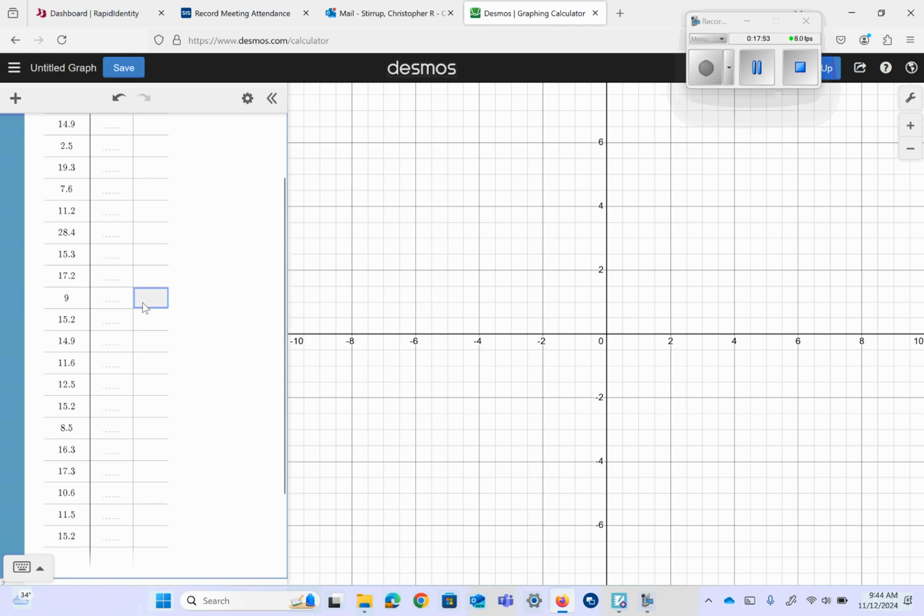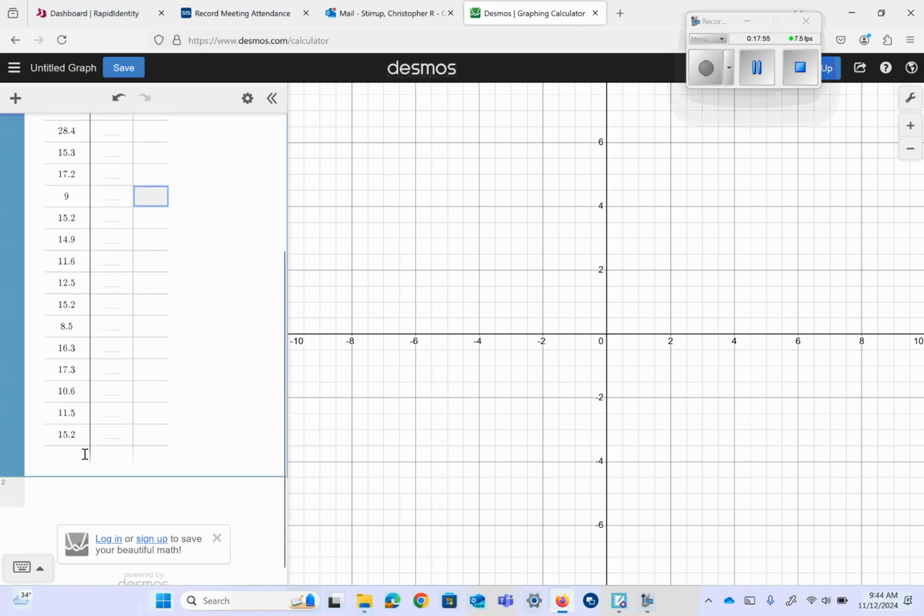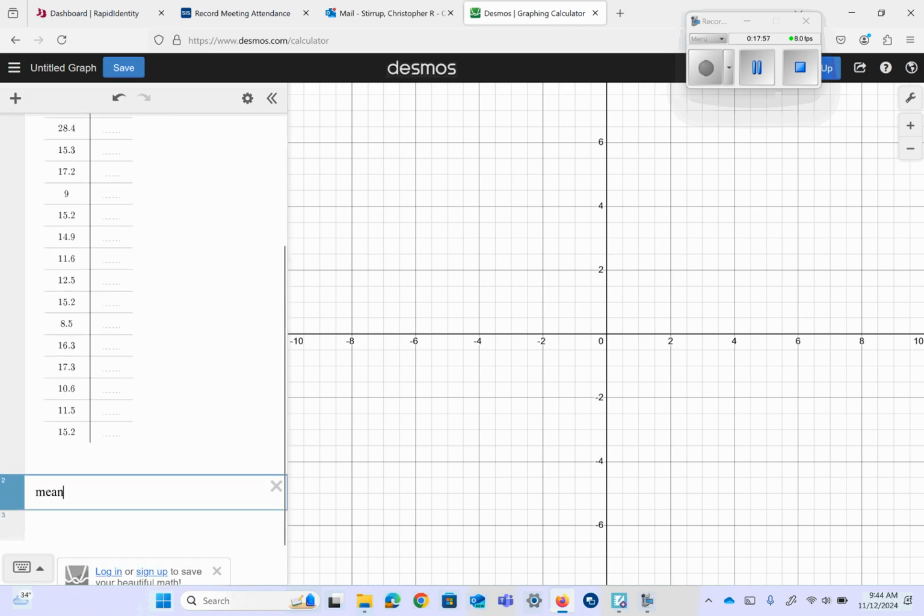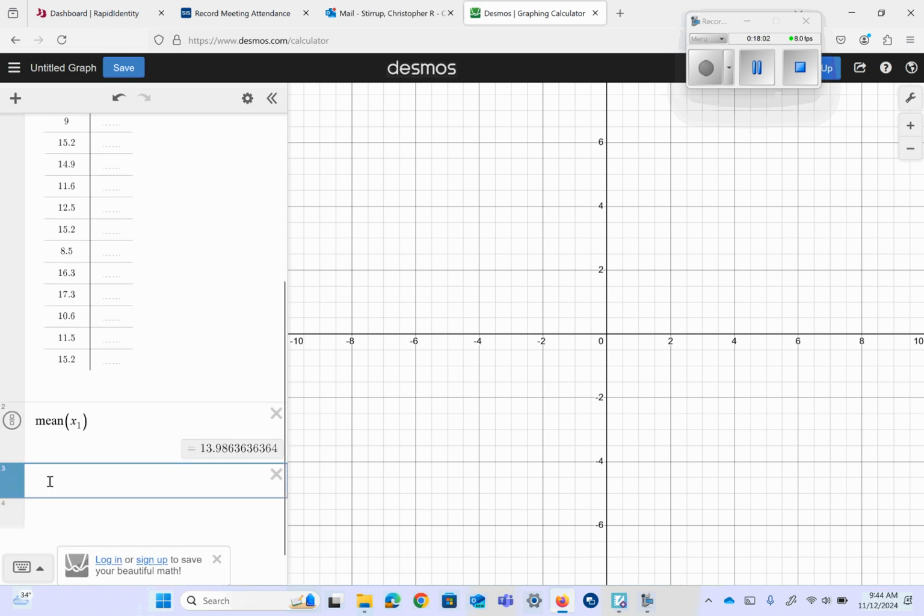The first thing it says is, use your calculator to find the mean and the standard deviation. So I can do mean of x1, and STDEV x1.